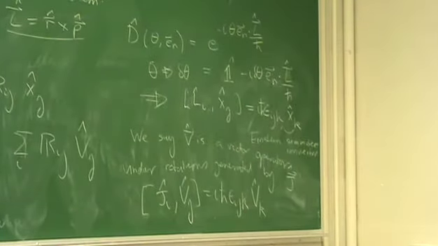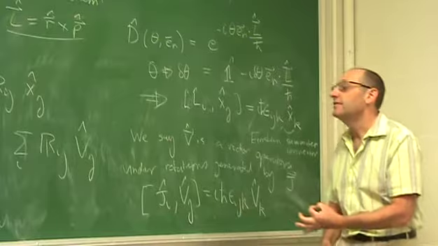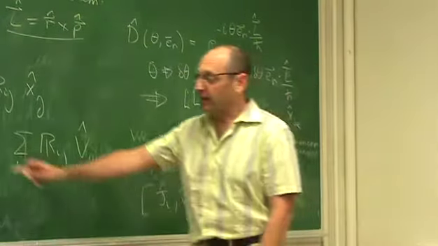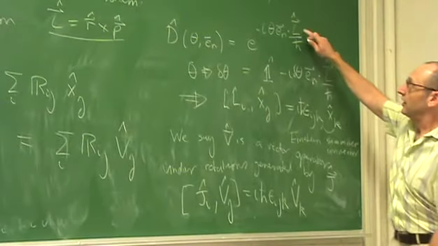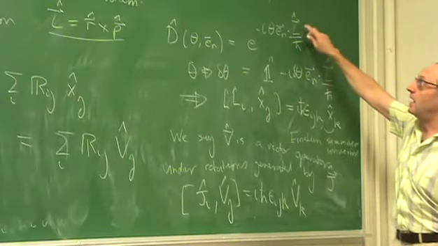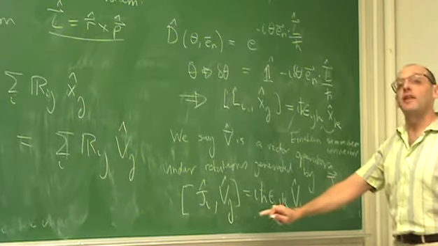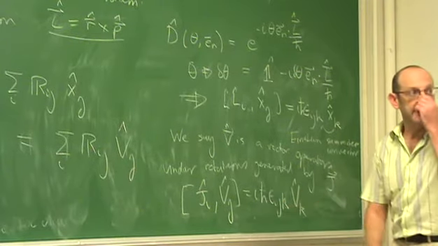So that's another way of saying that V is a vector under rotations generated by J. Either I can look at it in this form, where D has this form, now generated by rotation generated by J, or equivalently, I can express it locally in terms of the commutation relations.